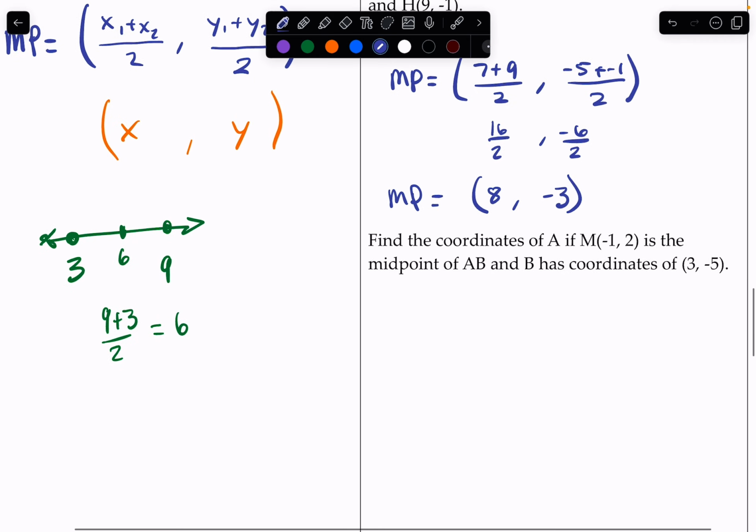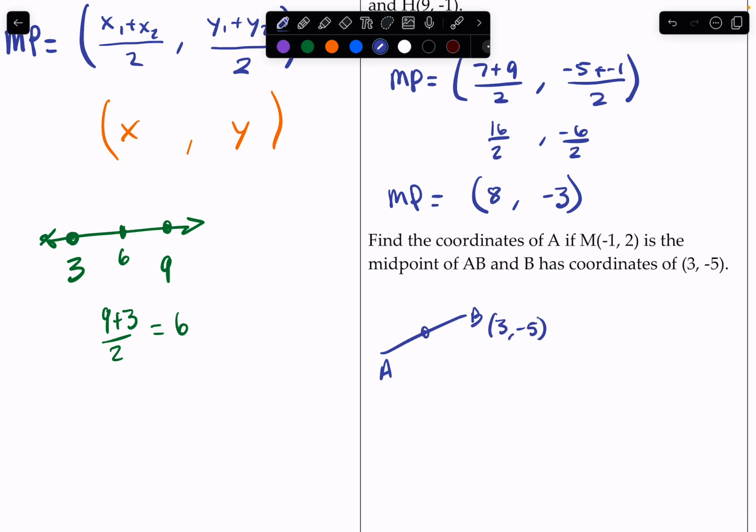Now, you may be asked to not find the midpoint, but find one of the endpoints. Find one of the coordinates of the endpoints of a segment when given the midpoint and one of the other endpoints. So right here, we have a segment AB, and you are given B, which is at 3, -5.